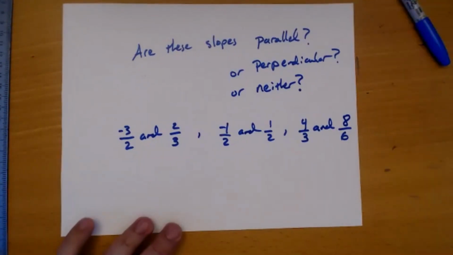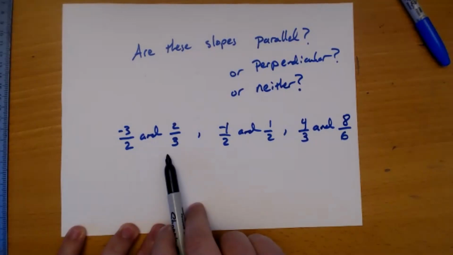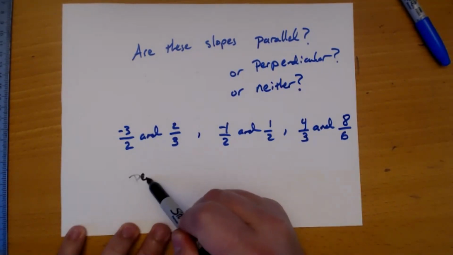The first one is perpendicular. How do you know? Because they flip it and then they change the sign. Right. So this is perpendicular.